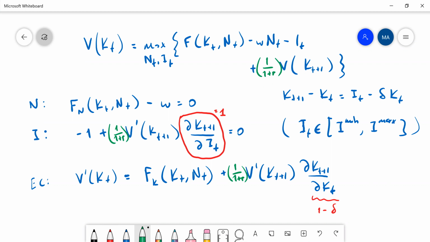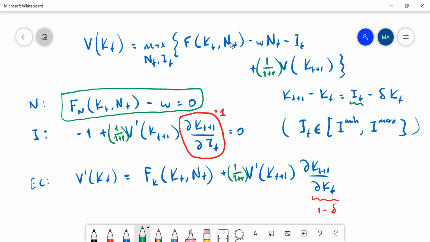So anyhow, the choice of labor is static, right? So there's no appearance of the value function's derivative here. But then the choice of investment, of course, is a dynamic choice. Why? Because your investment today increases your capital stock tomorrow, right?